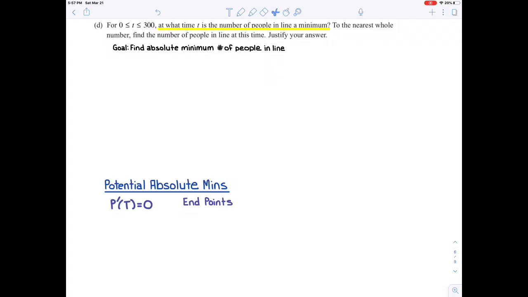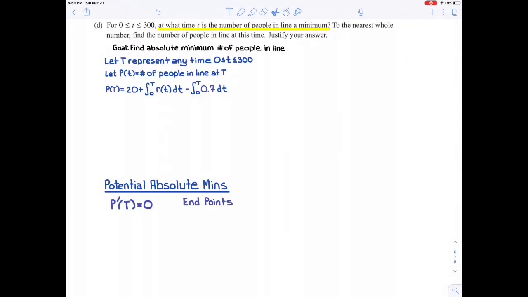So we need to start by building a primary function. The primary function always represents what it is you're trying to minimize. In this case, we are trying to minimize the number of people, so we need to write the equation of the number of people in the line.